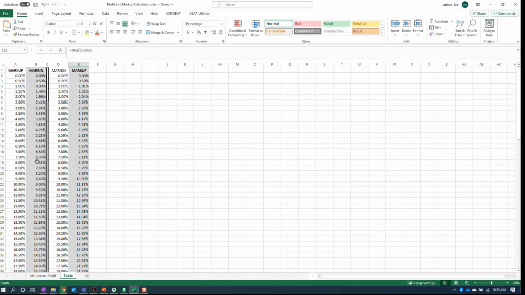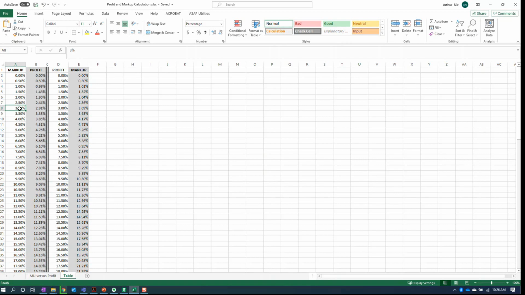For instance, if I have 10% markup, what is the profit margin? Well, it's 9.09. And if I go back, you can see here that my 9.09 is almost 10%. So you can get a comparison here of your percentage profit to percent markup. Now, you notice here, like around below 4%, maybe 3%, they're about the same.